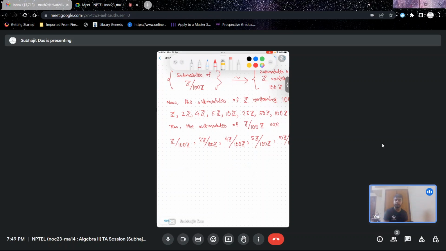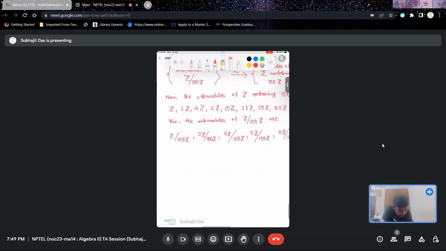Is 2Z mod 100Z decomposable? So what is the order of 2Z mod 100Z? It's 50 essentially. So since it's order 50, it's precisely the cyclic group of order 50, and this is again decomposable. So this is just your Z100, this is decomposable. This is isomorphic to Z50, which is again decomposable.